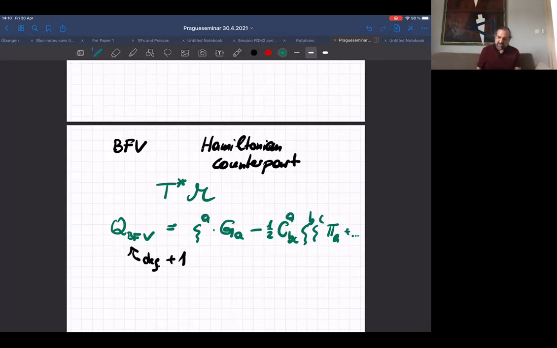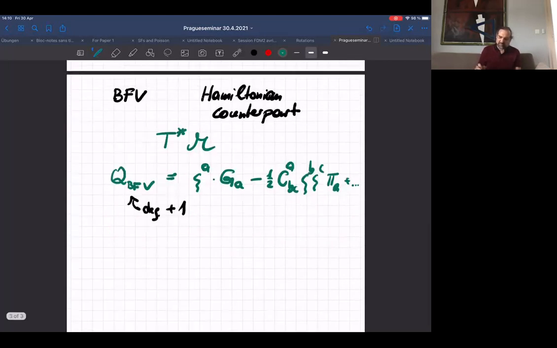And the master equation now has two parts because there's still the dynamics given by the Hamiltonian, which will come into the game. So the master equation now is that Q_BFV with itself is 0.